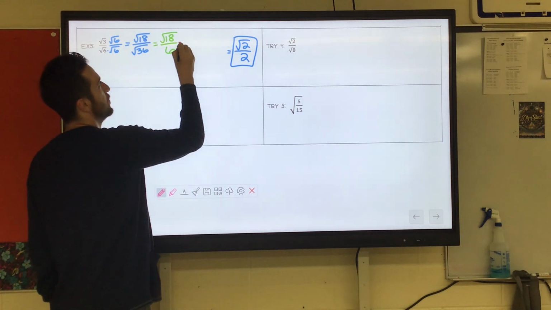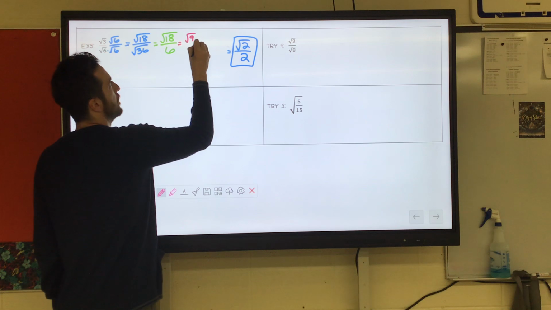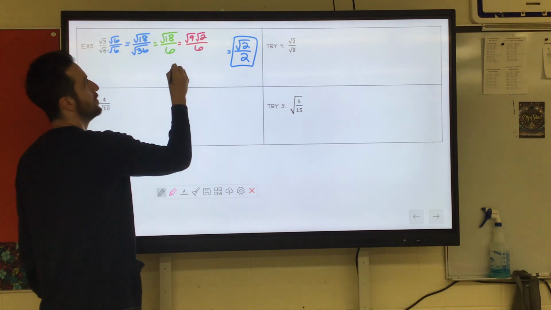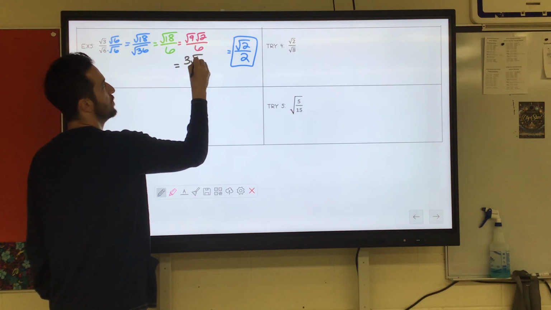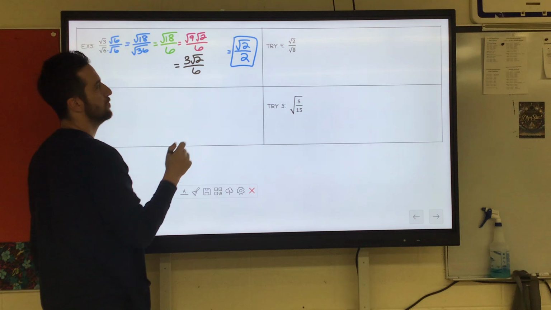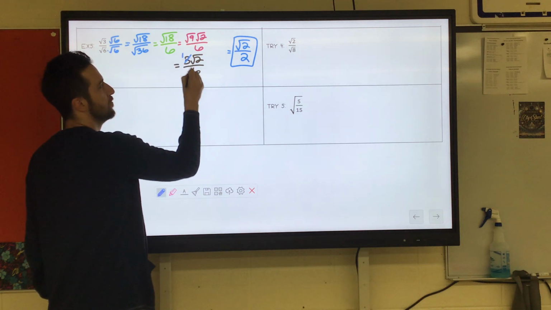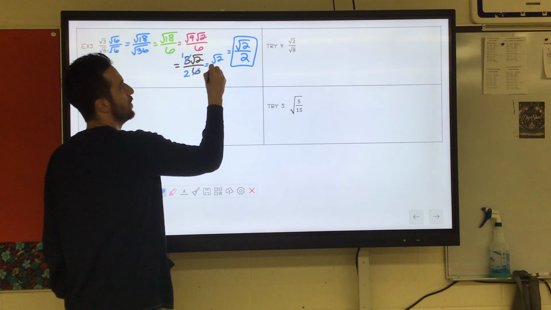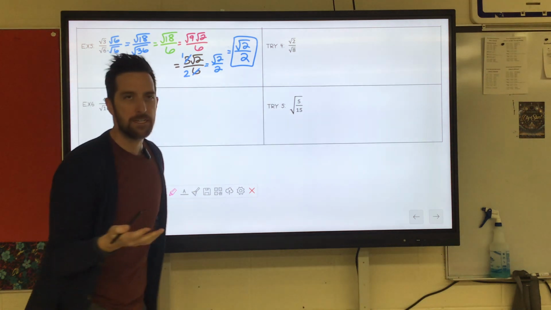That's 9 times 2. And then the square root of 9 is 3, so it would be 3 root 2 over 6. And then you could simplify the numbers outside the radical. 3 over 6. 3 goes into 3 once, 3 goes into 6 twice. So it becomes root 2 over 2, the same answer we got.